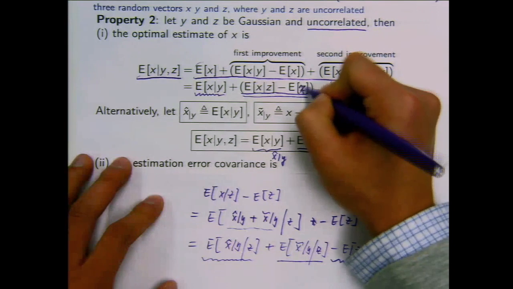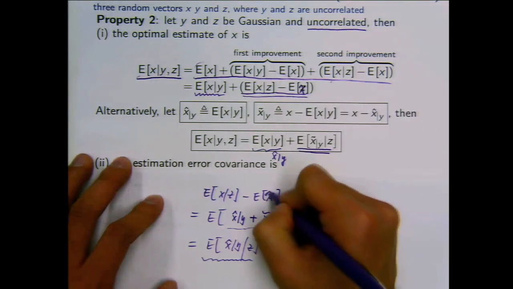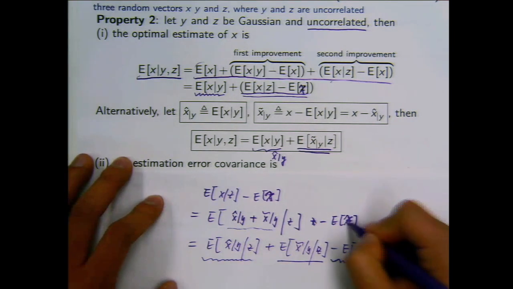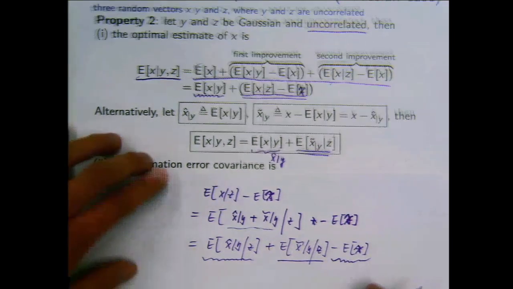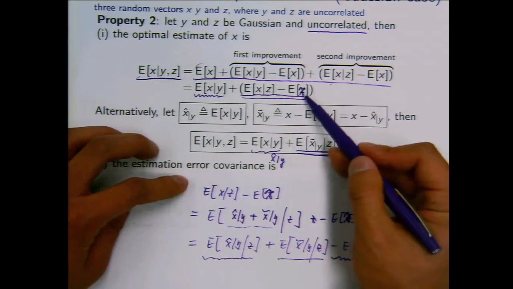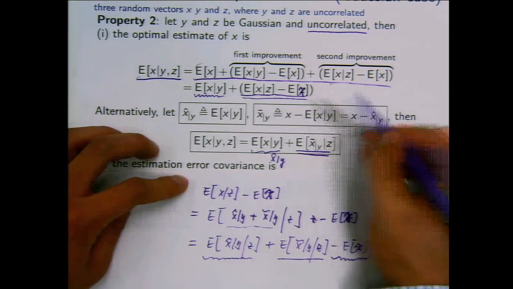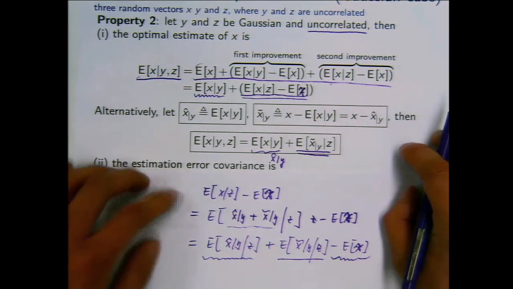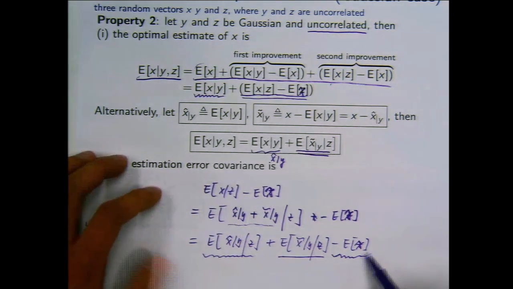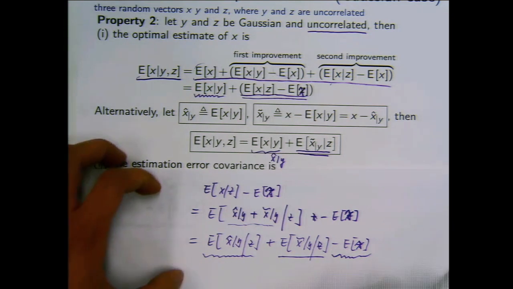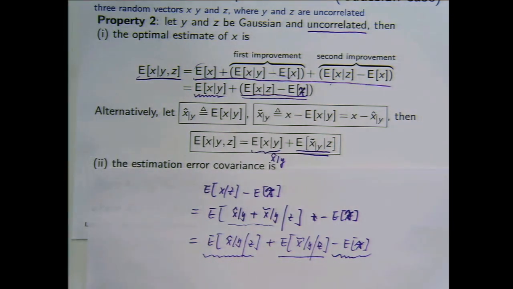Because there's a typo in the notes. This is not the expectation of z, it's the expectation of x, from here to here. It is because of this. This is the expectation of x. Then use the statement you just said, because y and z are uncorrelated.